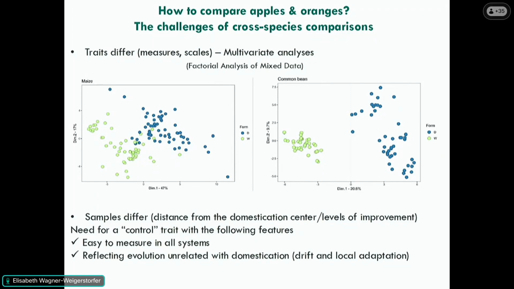So we really needed a control trait to make cross-species comparison, to make sure that we could control for our sampling design in the different species. And this control trait needed the following features. It had to be easy to measure in all systems and reflect evolution unrelated to domestication. So basically reflecting drift or even local adaptation or improvement, but something that was not related to domestication.